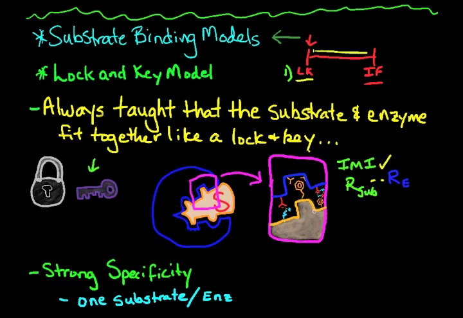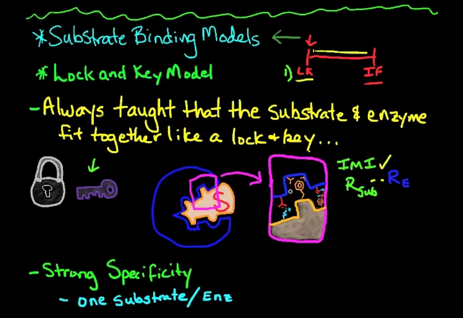The substrate might bulge out like this, with a big bulky phenyl ring on this phenylalanine, and the enzyme active site would have a pocket that phenylalanine would fit into. So it's not just intermolecular interactions, it's also sterics.